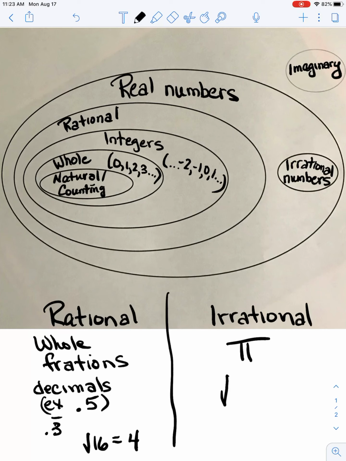The square root of 2 is a common one. The square root of 2 is irrational because it is the square root of a number that's not a perfect square. So if we try to express that as a decimal, it would also never end, never repeat, drive us crazy, which is irrational, okay?